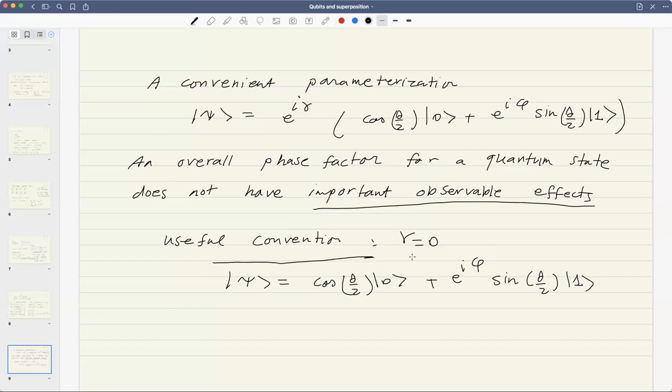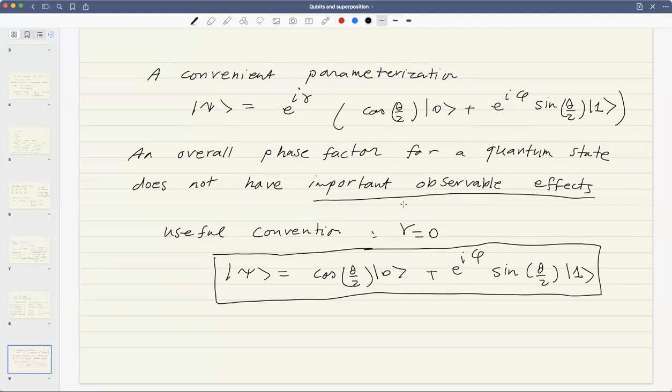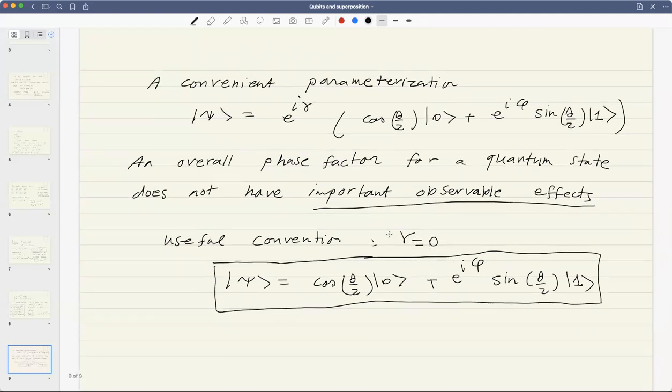So we use two real numbers to represent this state. In general, we had two complex numbers, but because it's normalized, that was one constraint, and because we don't care about the overall phase factor, that was another parameter that we threw out. So we have this 2-parameter representation of our state.